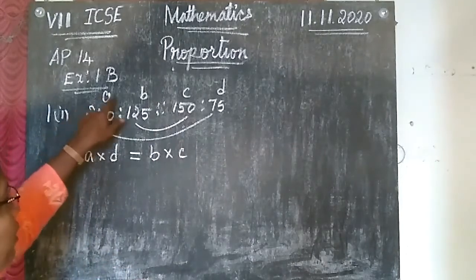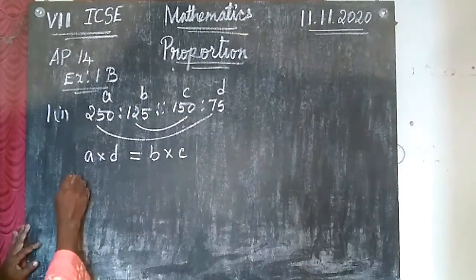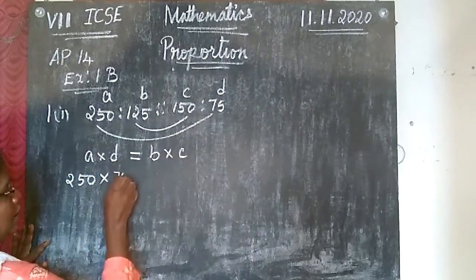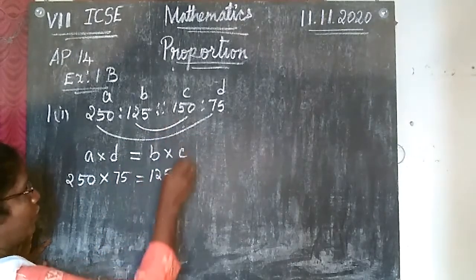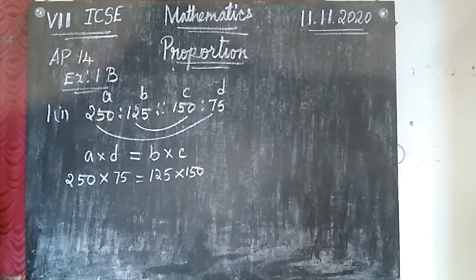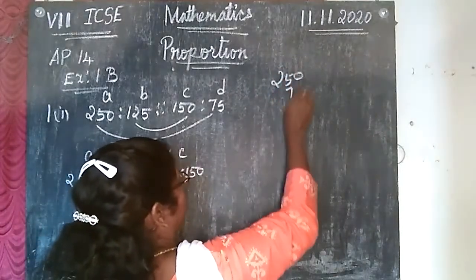A multiplied with D and B multiplied with C. What is A? 250. Into what is D? 75. What is B? 125. What is C? 150. Shall we multiply and see? 250 into 75.